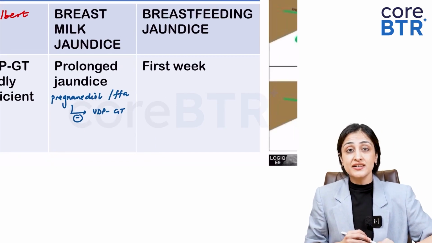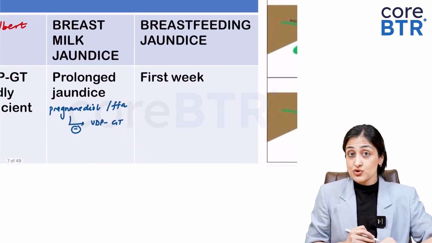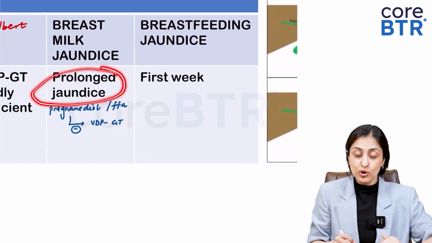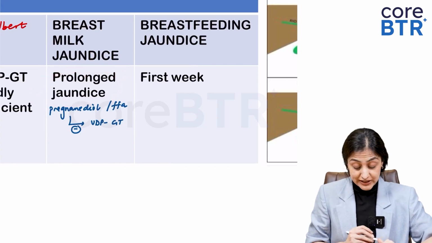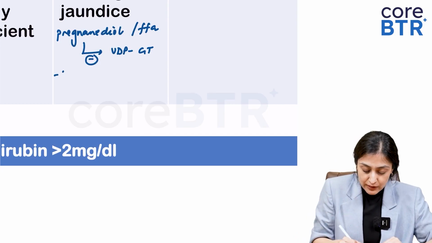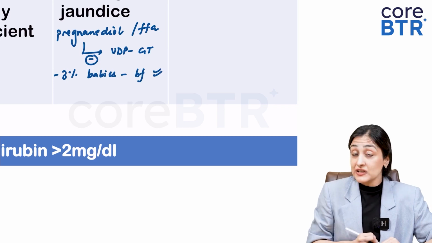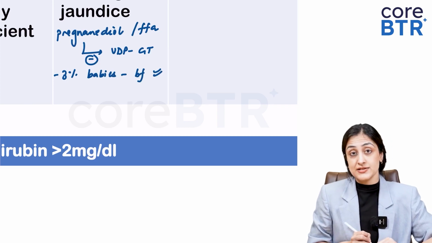So this is a transient inhibition. That's why you have unconjugated hyperbilirubinemia for a prolonged period in the second or third week. This is very common, so you can remember third week, 3, that almost 3% of the babies who are exclusively breastfed tend to have this, and this data was asked in INICET last year.